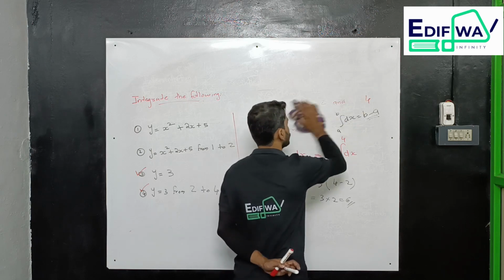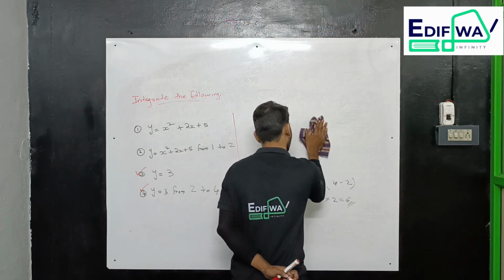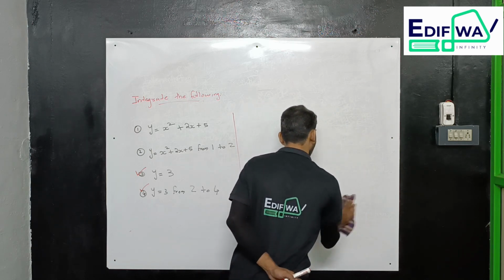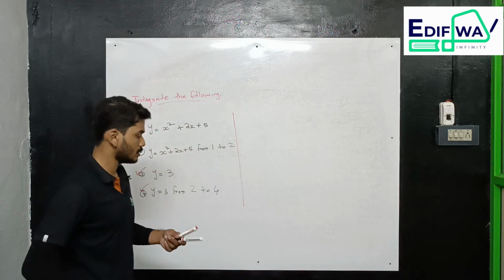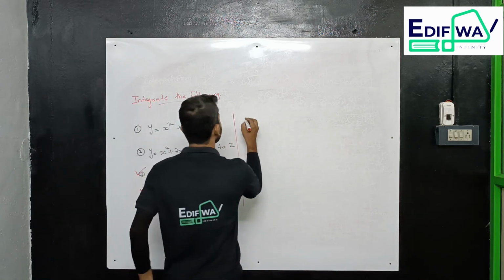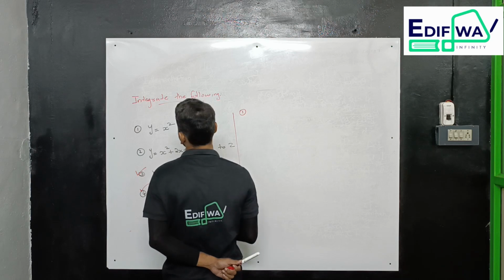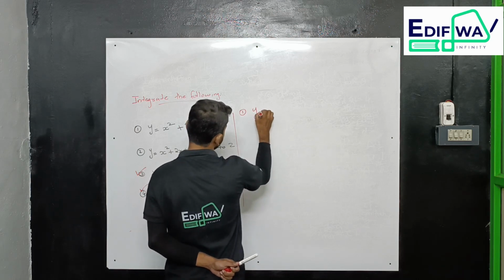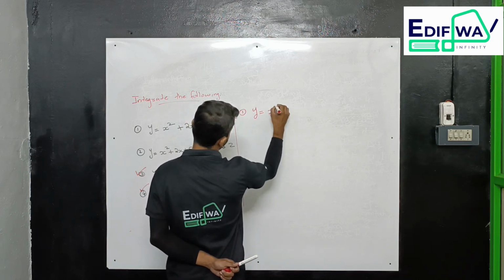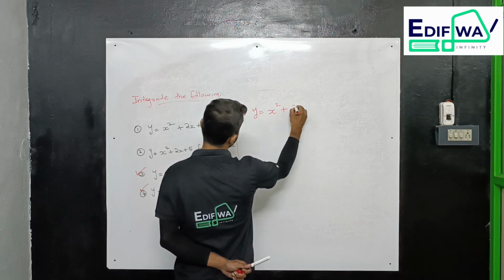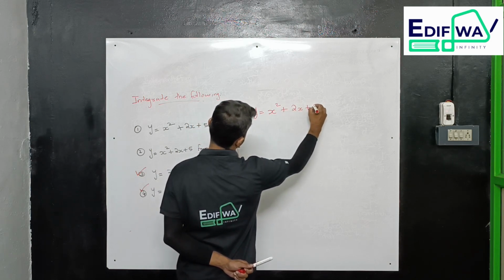First question. Your first question is y is equal to x square plus 2x plus 5.